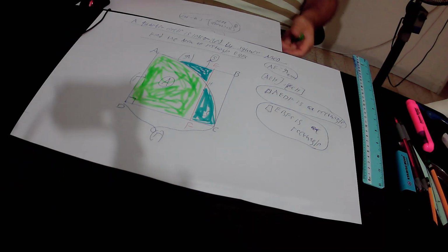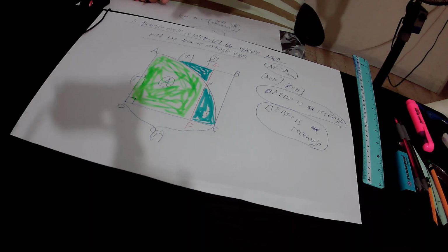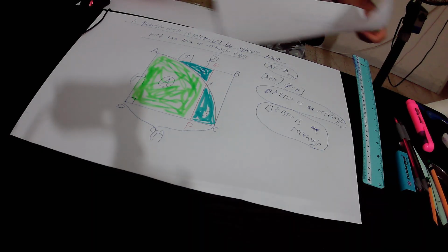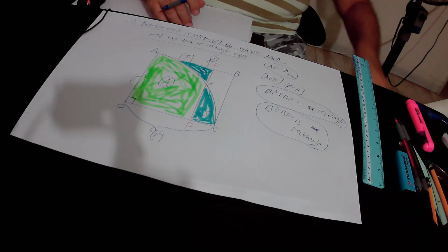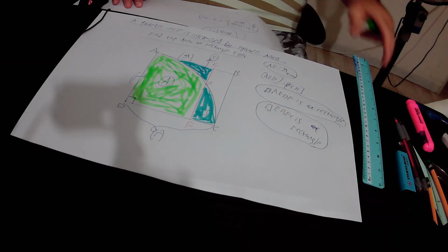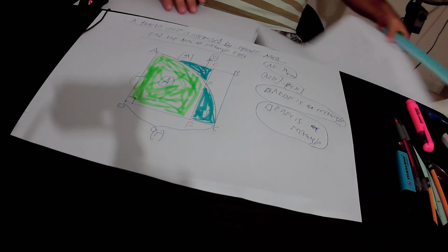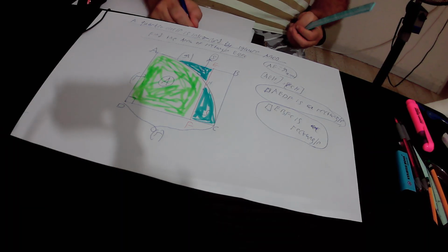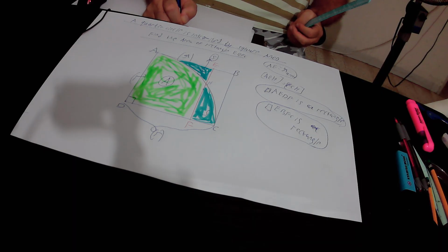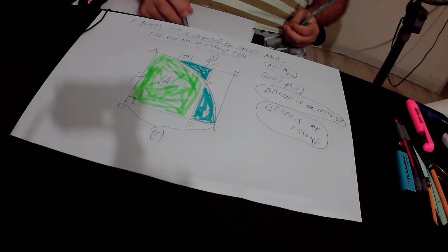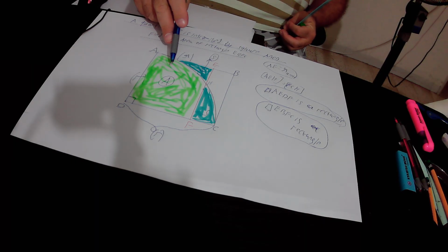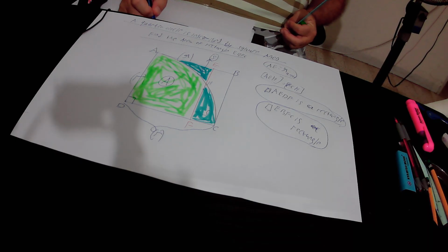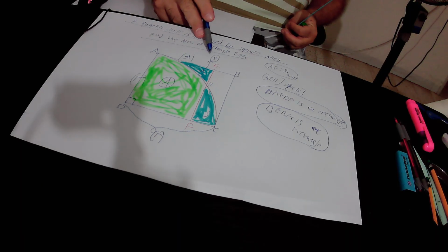From one side, but from the other side, the area of the same rectangle AEDF must be equal to the area of the green shape, that is equal to A square units according to our definition, plus the area of this blue shape that equals S square units according to our definition also.